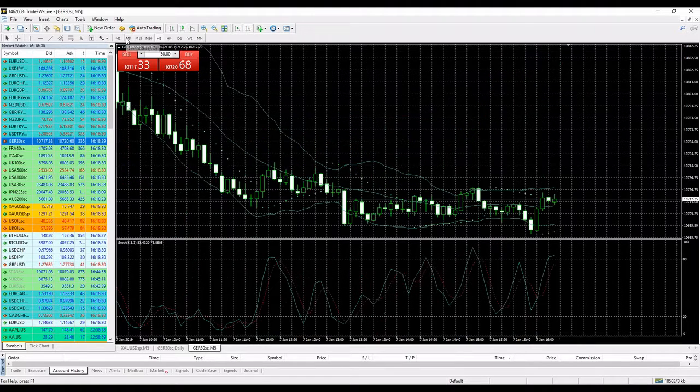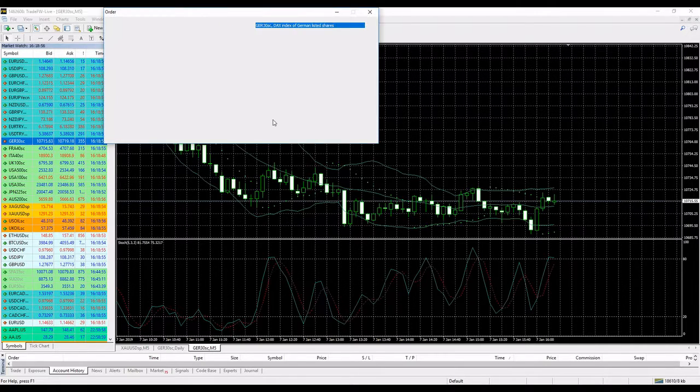DAX, as you know, it dropped very significantly throughout the day, and we made some profits on it, and now I have to wait a bit more to sell DAX. Guys, I will put a sell limit on DAX because here we go.